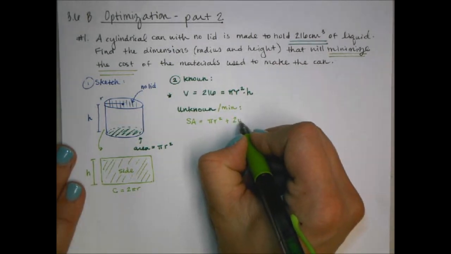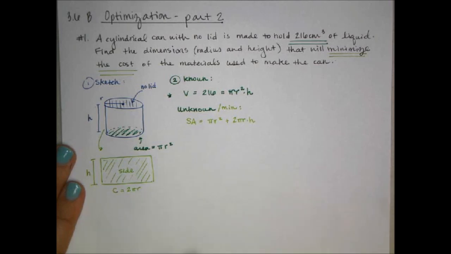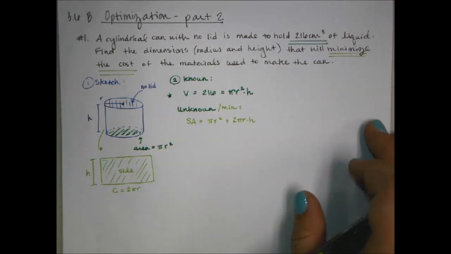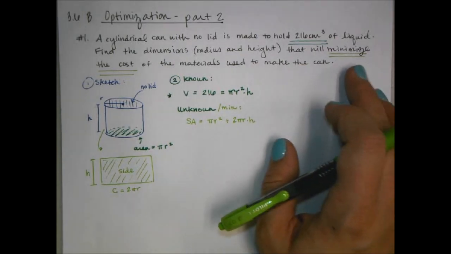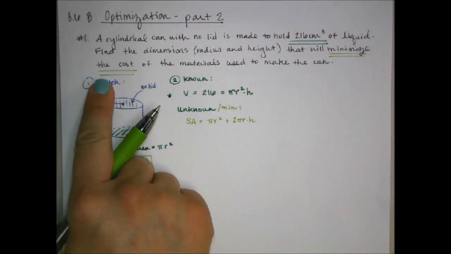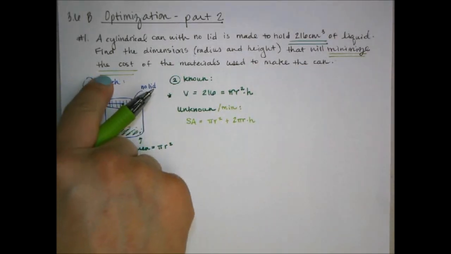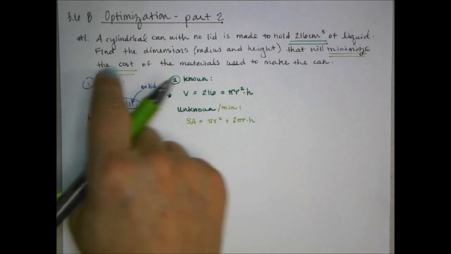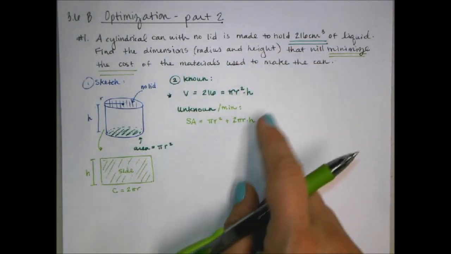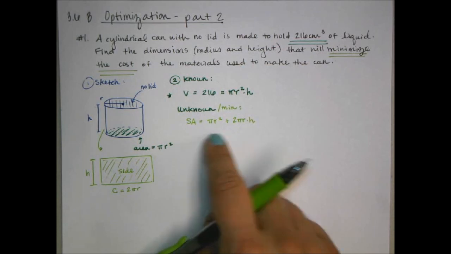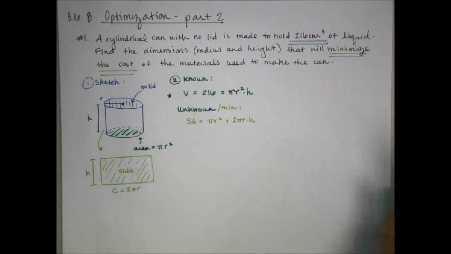All right. The third thing we're going to do is whenever we want to find the minimum of something, we want to take its derivative since we're looking for its critical numbers. So before we can take the derivative of the surface area, remember that it must all be in terms of the same variable.